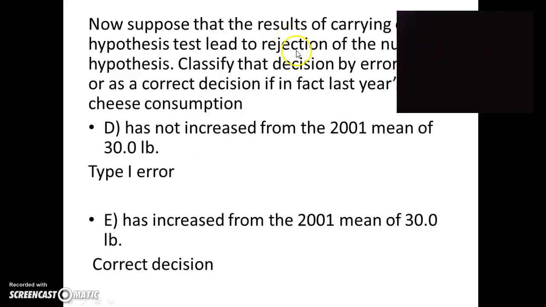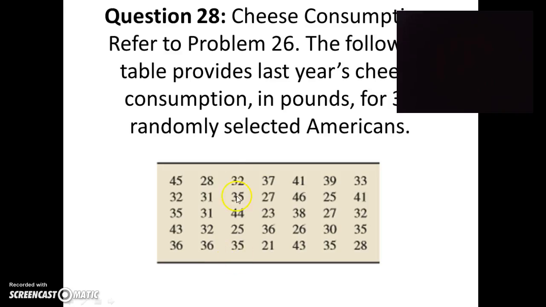Now suppose that the results of carrying out the hypothesis test lead to rejection of the null. If we say that it has not increased from the 2001 mean of 30, then it's a type 1 error. But if we say that it has increased from the 2001 mean, then it's a correct decision.